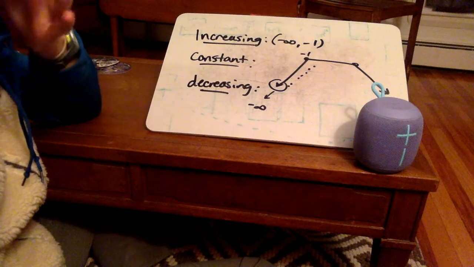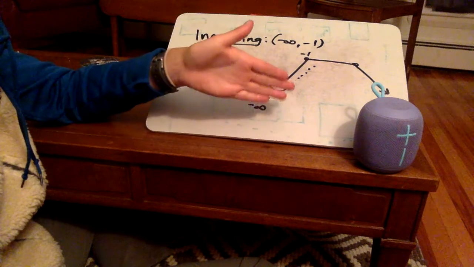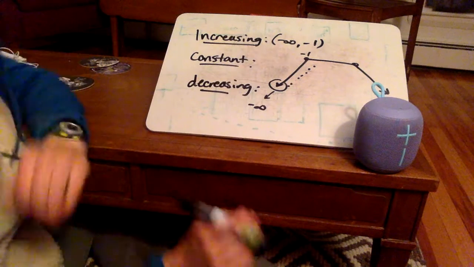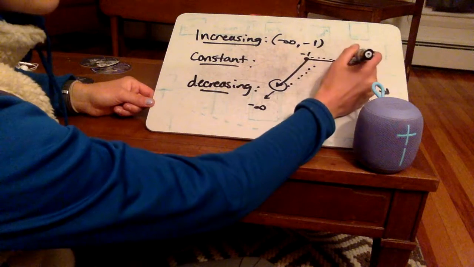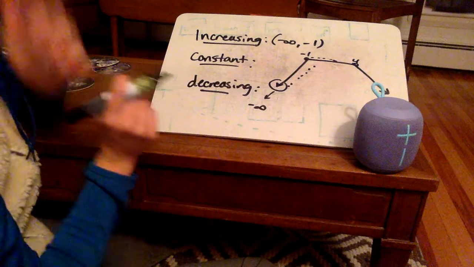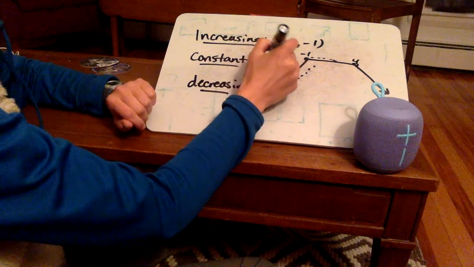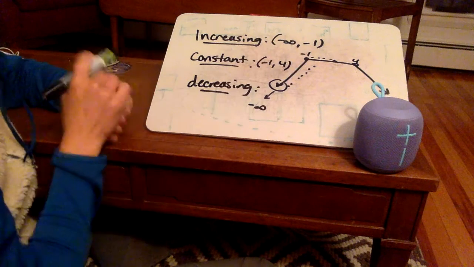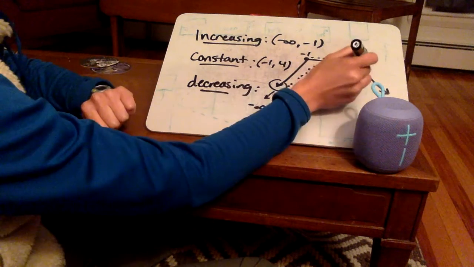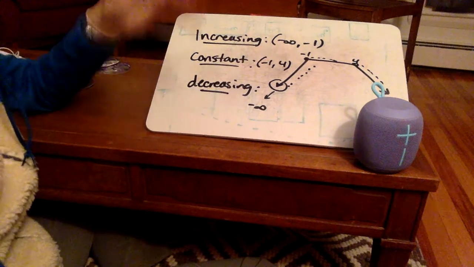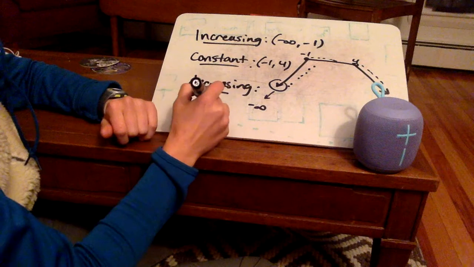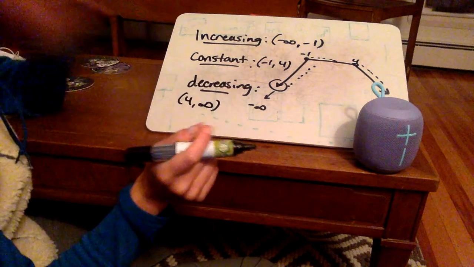I write this based on domain values. It's constant from negative 1 to about an x value of 4, so I'd write that as negative 1 to 4. And then I'm decreasing, or my slope is going negative, from x values 4 to positive infinity.